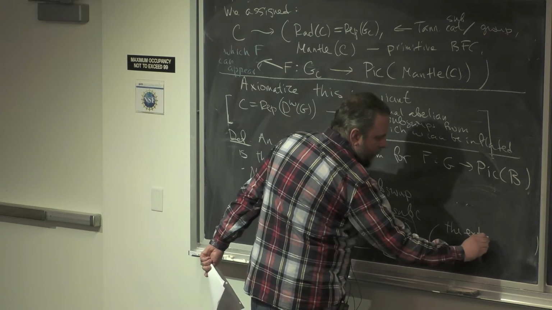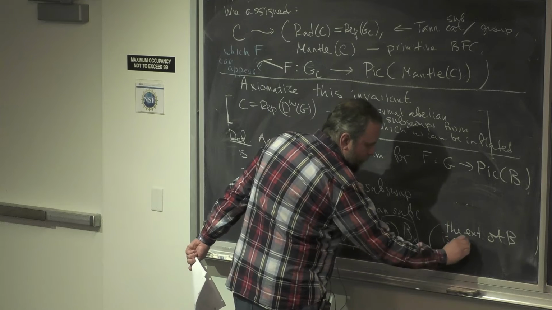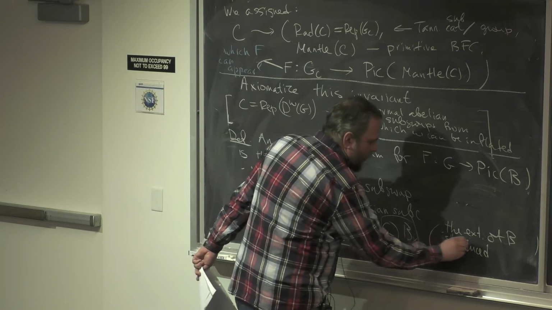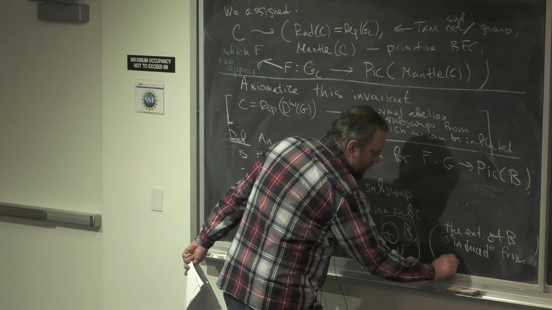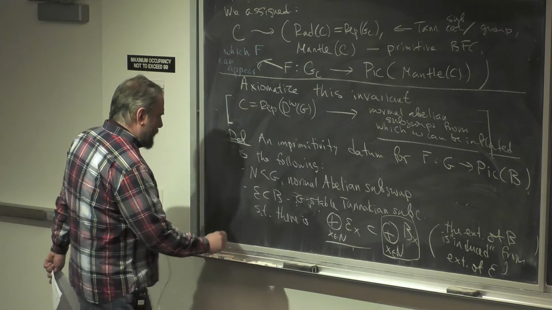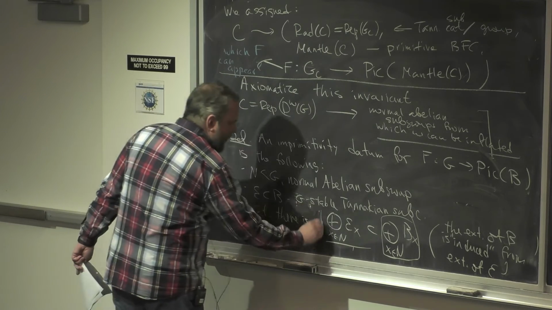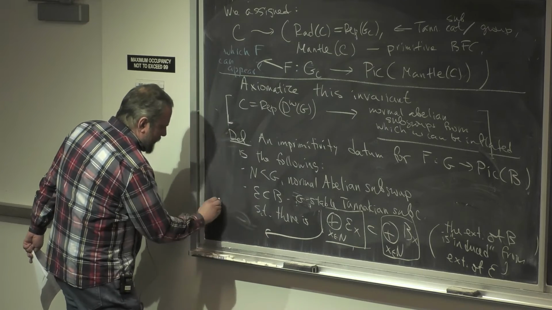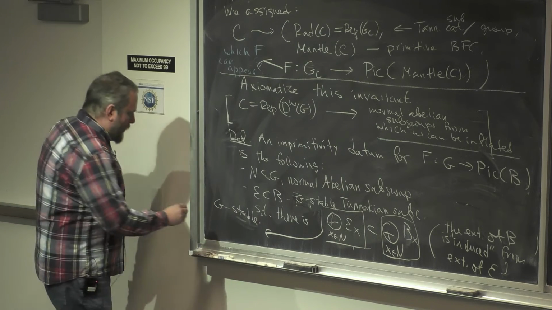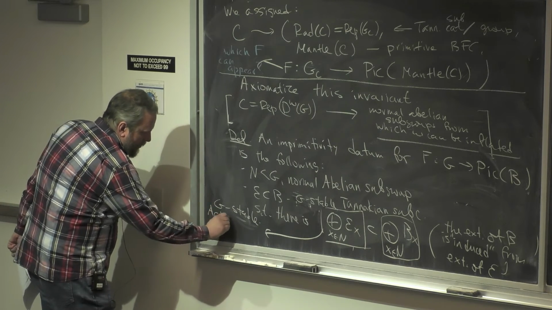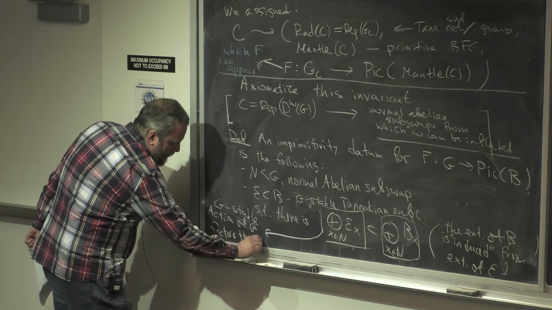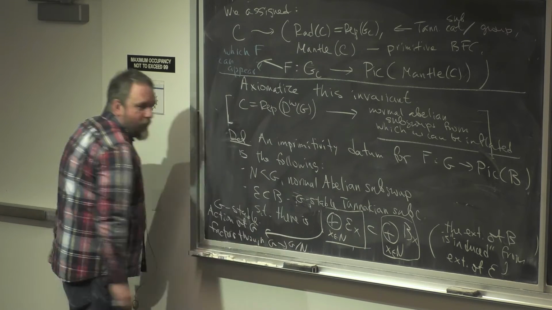So the extension of B is induced or inflated, I'm not really sure which would be the right term here, from the extension of E. And furthermore, what one needs is that this extension is G-stable with respect to the action, and the action of G factors through the quotient map from G to G/N.